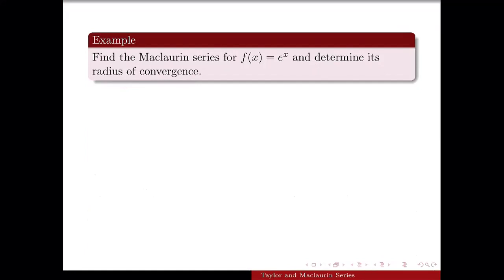Determine the radius of convergence. So, we have f of x equal to e to the x, which means f of 0 is just e to the 0, and this is equal to 1.